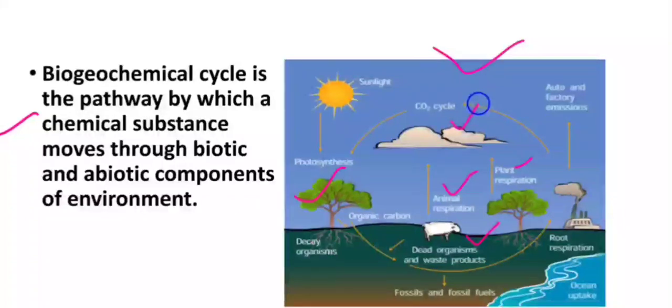The dead organisms and waste products form fossil and fossil fuel, which is mainly in the form of carbon. By the process of carbonization, coal is formed, and then industry emissions also release gases like carbon dioxide into the atmosphere, and in this way the carbon cycle gets completed.